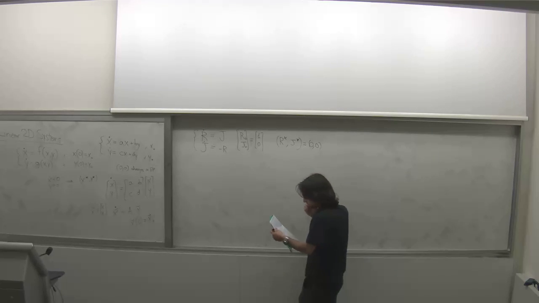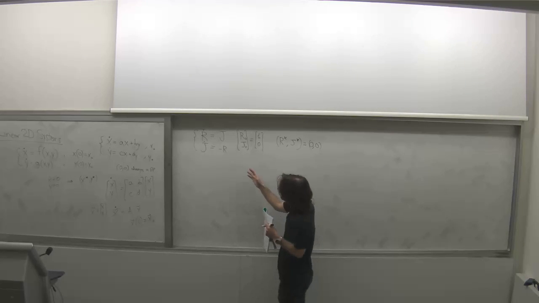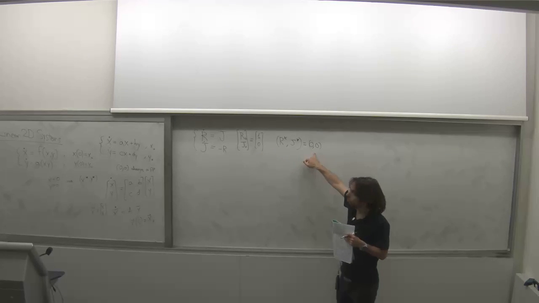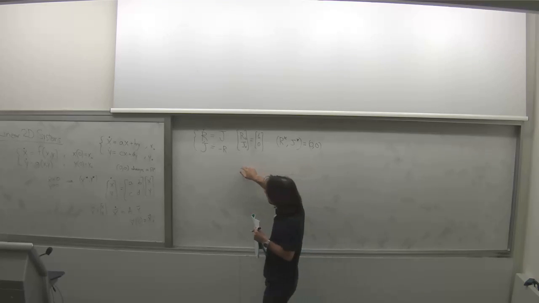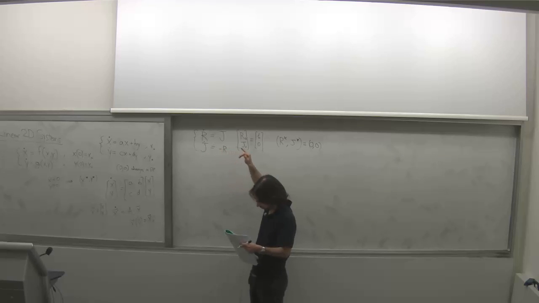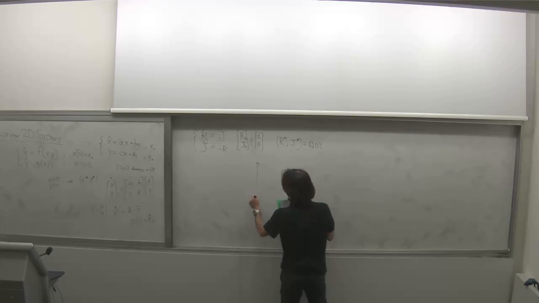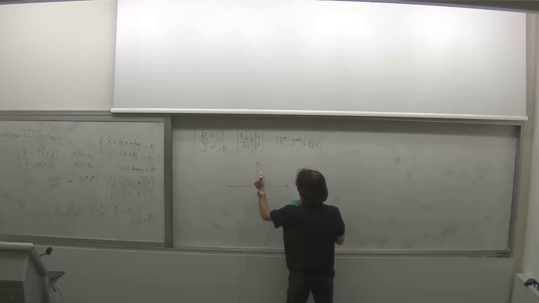And now, in order to see the general behavior of the system outside of this fixed point, we will consider what we call the phase plane. So the phase plane will be J versus R.